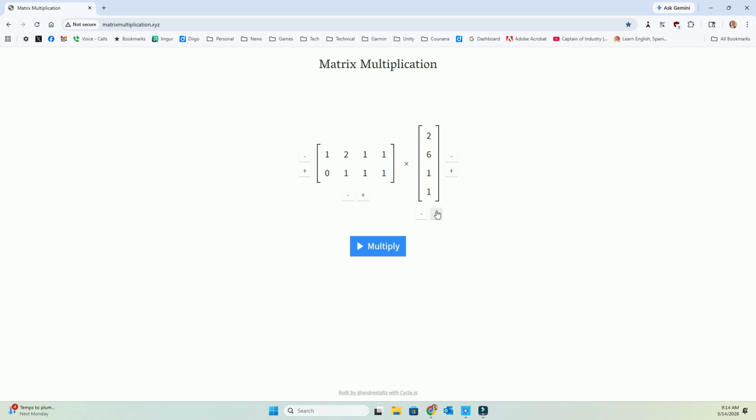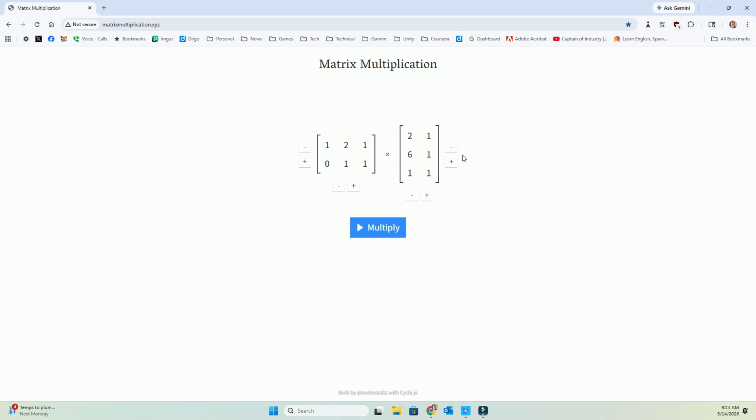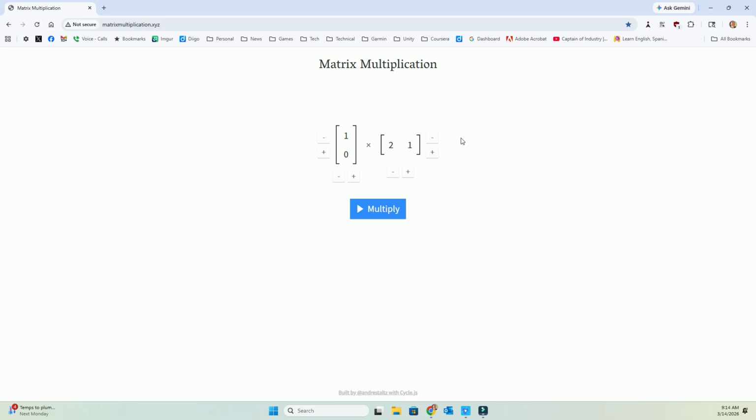If it were like this instead, and we had 2 here, you can see it's jumping around. And the reason it's jumping around is because you have to have the same height here as the width. So it's not even going to allow me to set it up so that I can demonstrate the error.